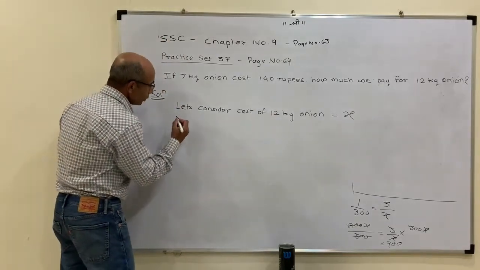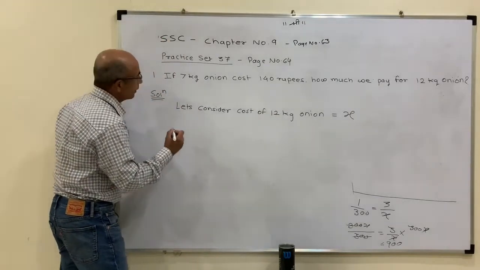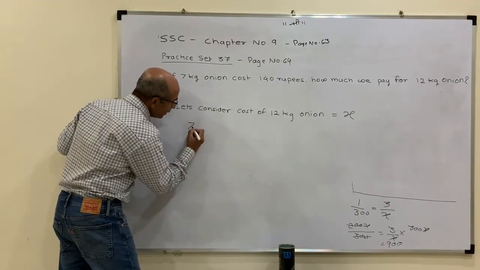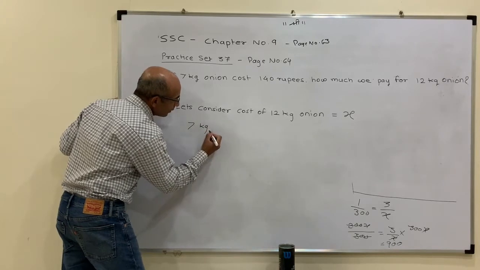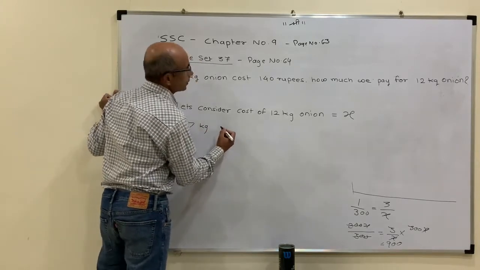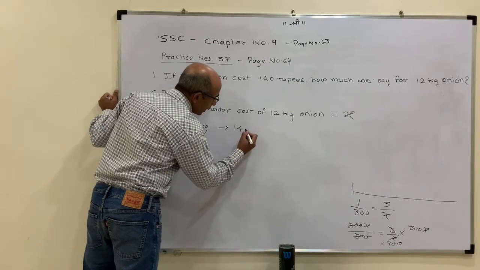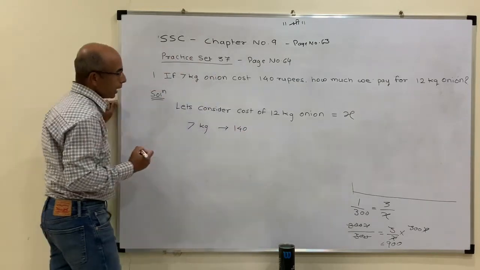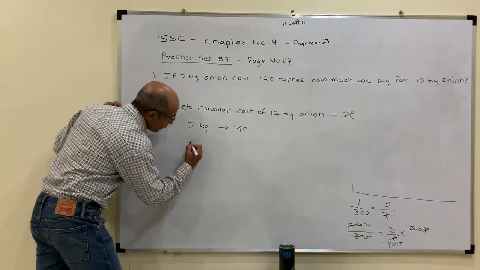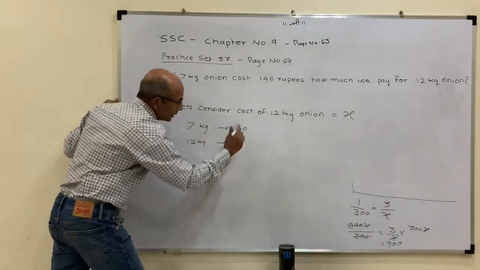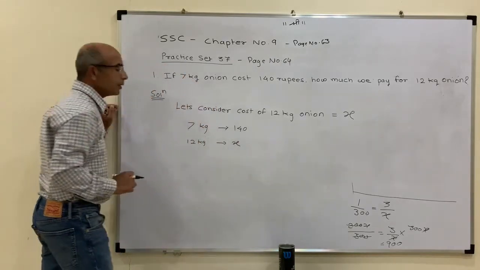So now I'll construct the equation. 7 kg, what is given to me? 7 kg will cost 140 rupees. And 12 kg will cost, 12 kg I have considered x.